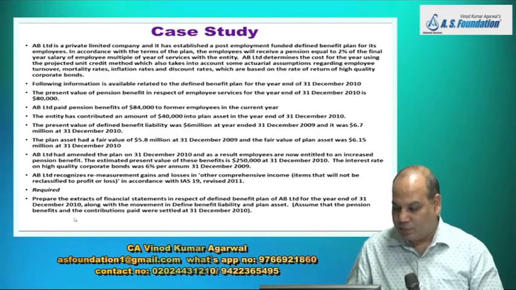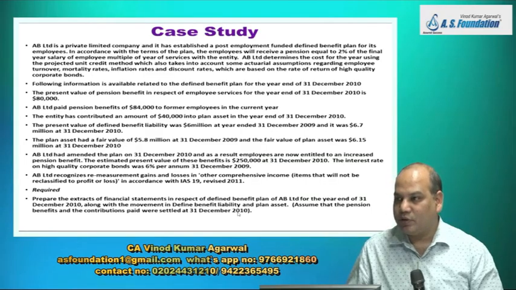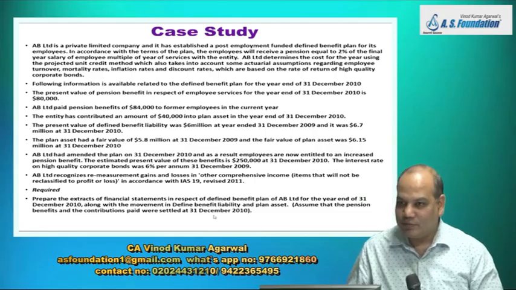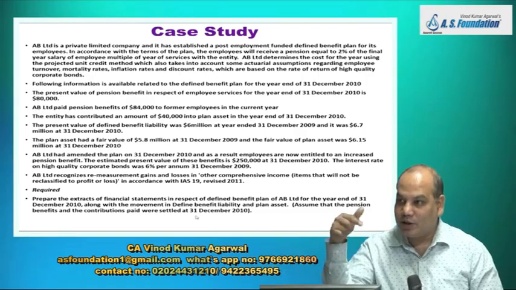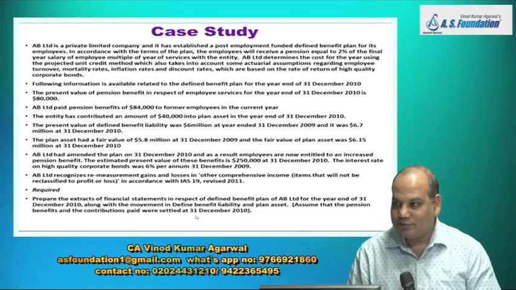Assume that the pension benefit and the contribution paid were settled on 31st December 2010. So no interest effect on this, right? Because these were settled on the last day. If they are paid somewhere during the year, then there will be an interest implication of that also.